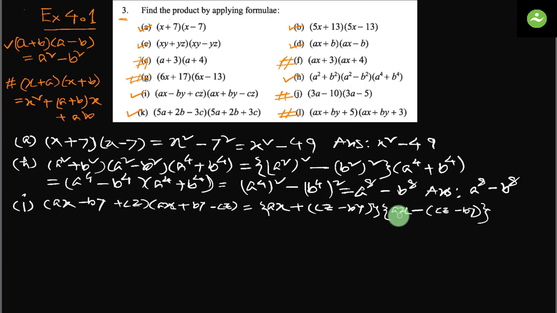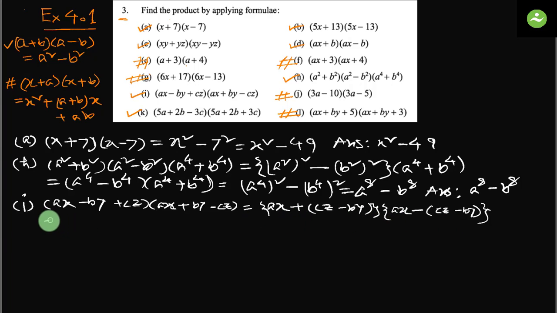If you see here, ax minus, if we take the first bracket off, then it is minus cz. Here this was minus cz, and minus into minus means plus by, and here it was plus by, and ax is ax. So the value doesn't change, but the format changes. Now it looks like a minus b, and this looks like a plus b, and we can apply the formula a plus b into a minus b.